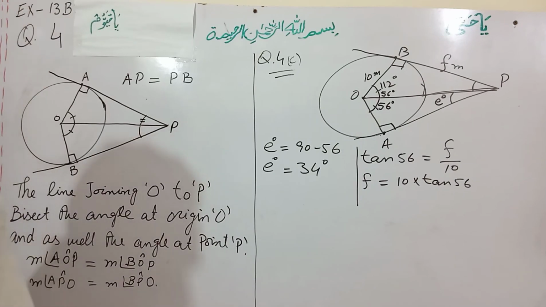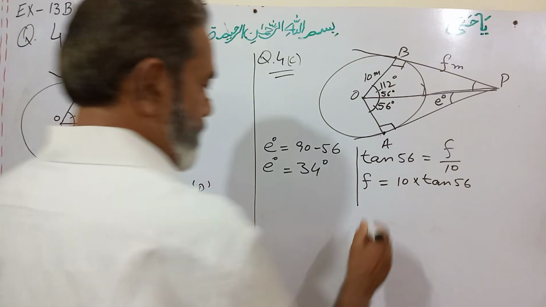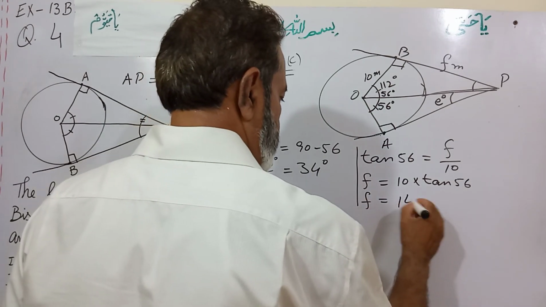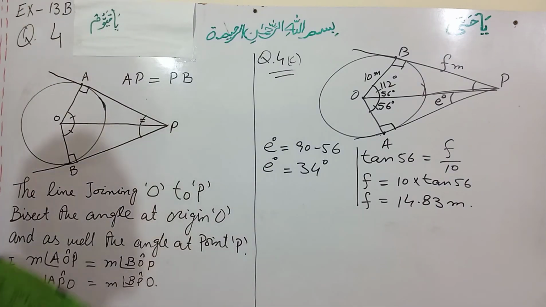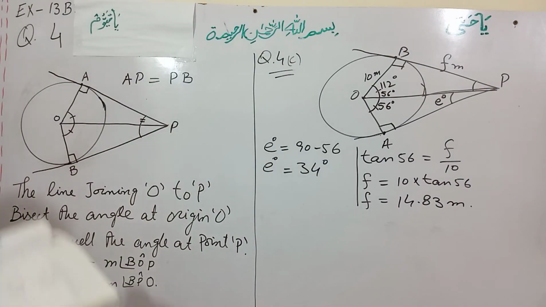Using the calculator, 10 multiplied by tan 56 is equal to 14.83. So F is equal to 14.83 meters. That's it.